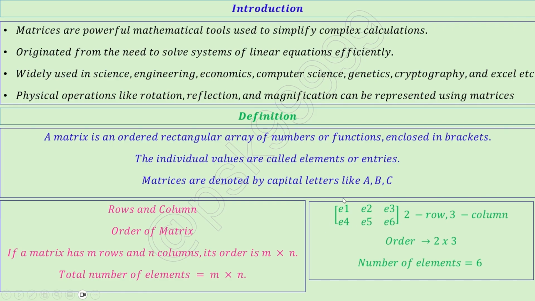If you look at the columns, we have three columns: e1, e4; e2, e5; and e3, e6. Three columns and two rows, so the order is 2 by 3. Always write the number of rows first when you write the order, then the number of columns, 2 into 3, and the number of elements is 2 into 3 again, which is 6. This is the basic understanding of matrix notation.